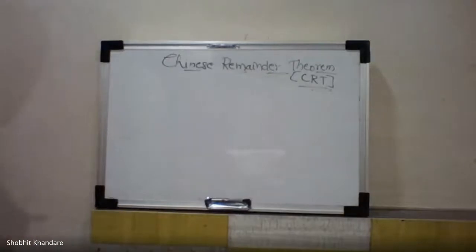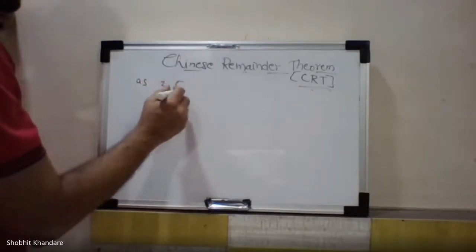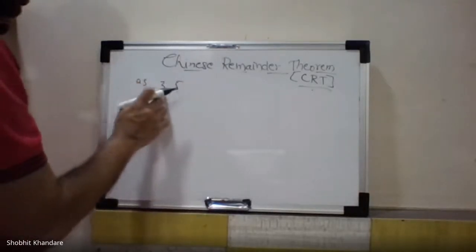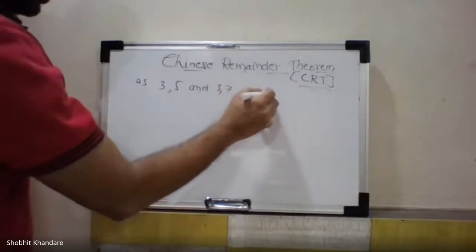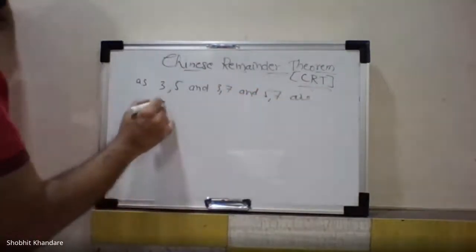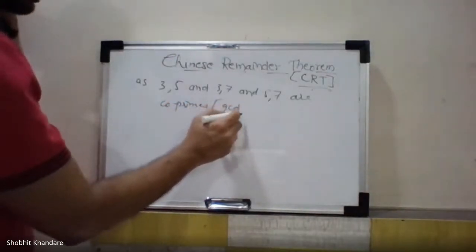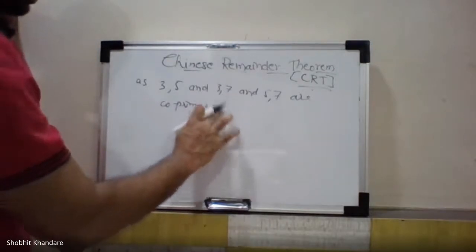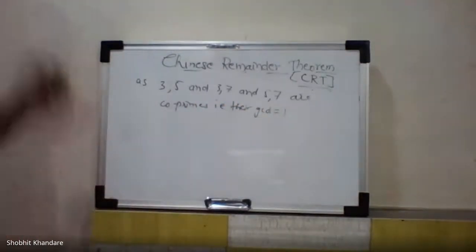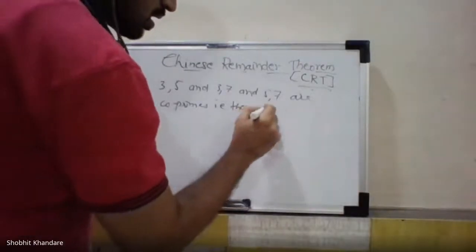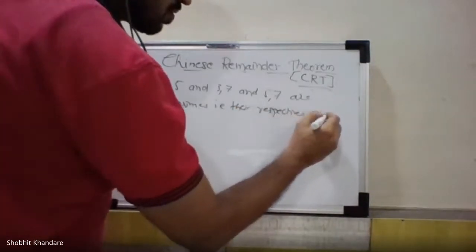So as you know that 3, 5 and 3, 7 and 5, 7 are co-primes, that is their respective GCDs are 1.